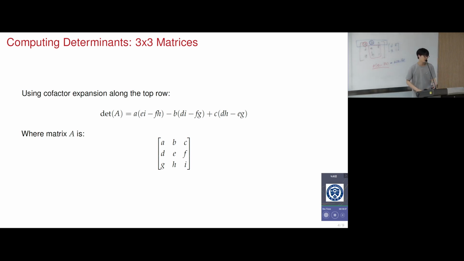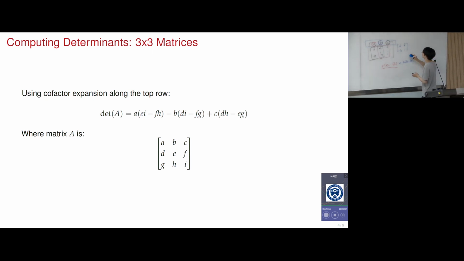And finally, for the last term, it seems obvious now. You focus on C, okay? And you assume that the third column is not there, and you're doing the 2 by 2 determinant for D, E, G, H, right?